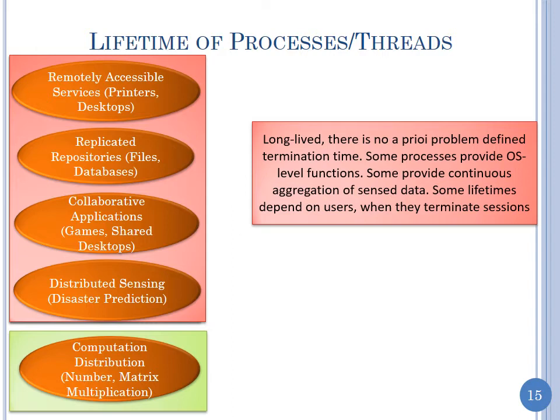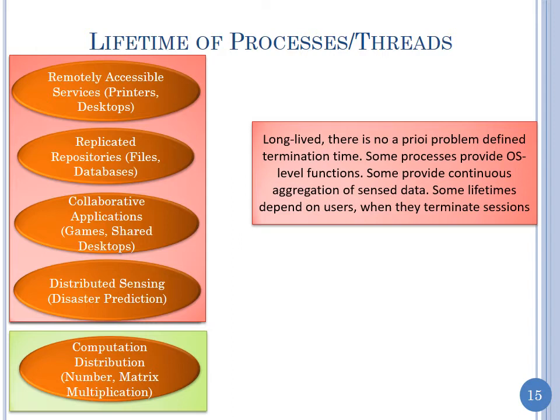So in the case of the first category, think of a remote printer. It's providing a functionality that the operating system normally provides. And we expect the operating system to persist, not go away with each creation of each process. So we expect the remote printing service to be always available. The longer it's available, the better, right?